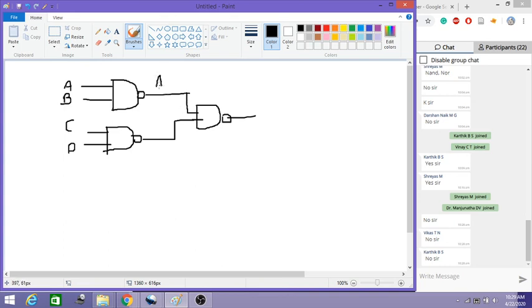If you try to write this, this is A into B bar, this is C into D bar, and this is A into B whole bar into C into D whole bar, whole bar.